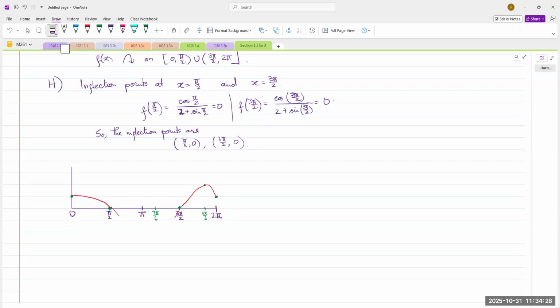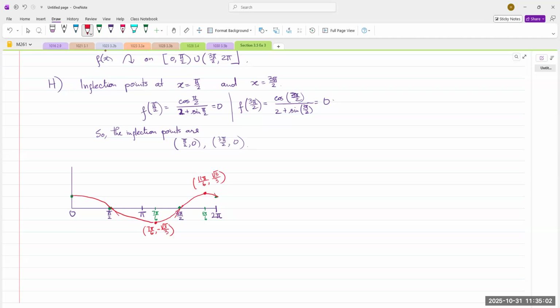Let me erase this. Slightly more than 0.5. Okay, so this is (11π/6, √3/3), and this is (7π/6, −√3/3).